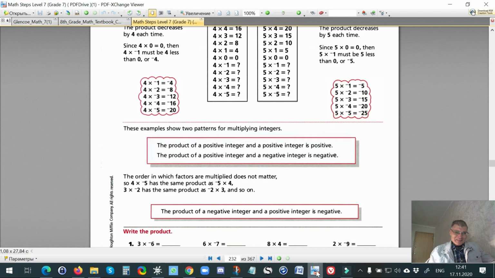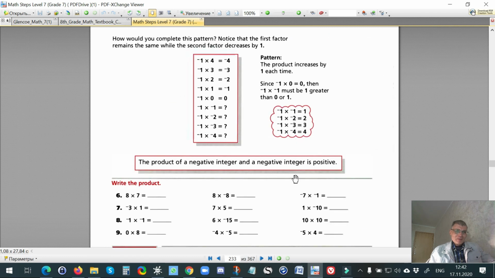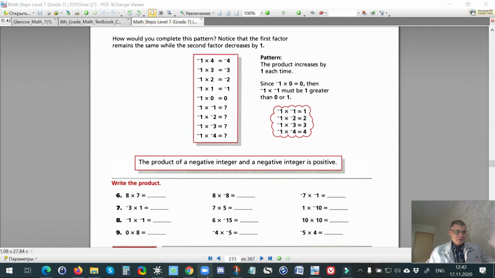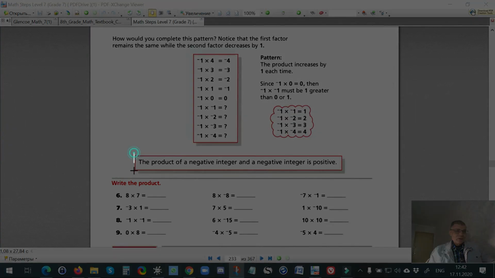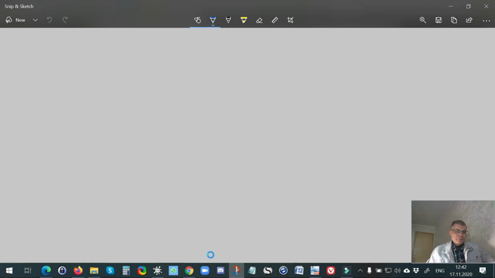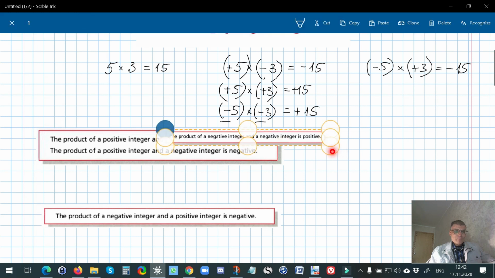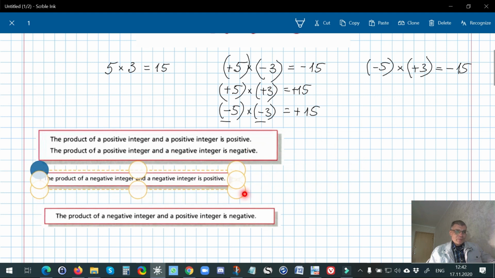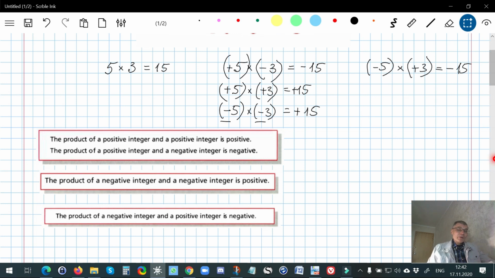Small technical inconvenience. Here, I wanted this rule. I didn't get it from the textbook, didn't read properly. Okay, so I'll just add it here. That is it. Now we have all covered.